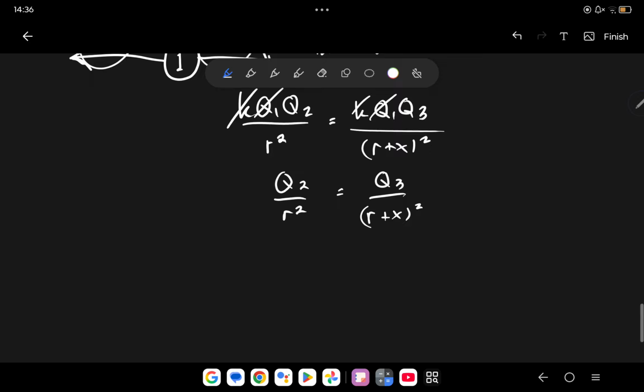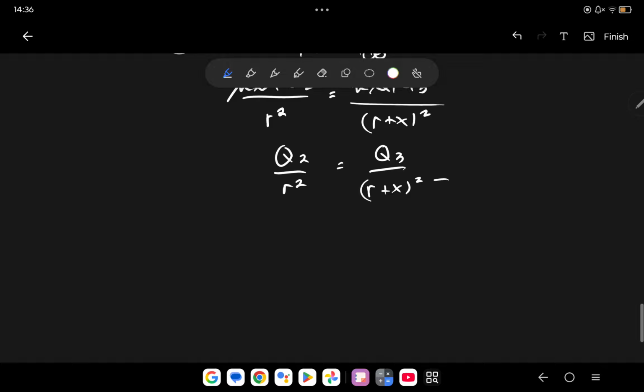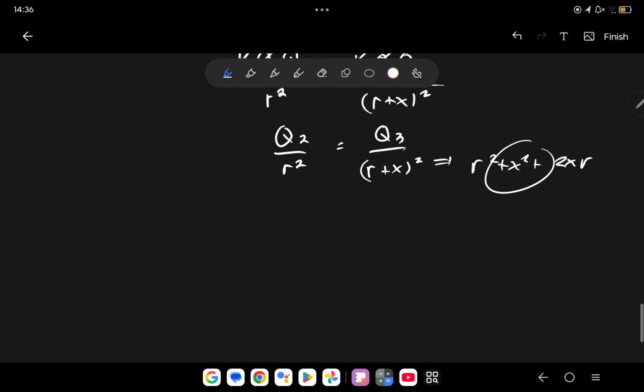Now, a really good trick my teacher gave me is, instead of making this into r squared plus x squared plus 2xr and then solving the square and then solving for x, which is difficult working with powers of 2, you collect the powers of 2 on one side and the powers of 1 on the other side.